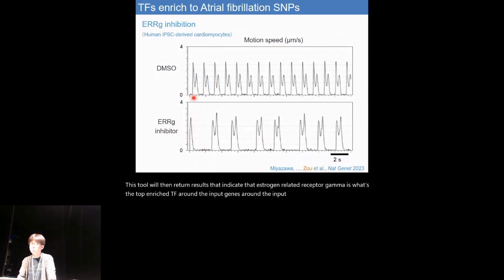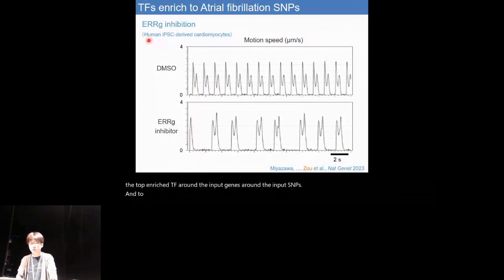And to confirm whether and how this ERG is involved in the onset mechanism of atrial fibrillation, we then conducted inhibition experiments on ERG using cardiomyocytes derived from human iPS cells.